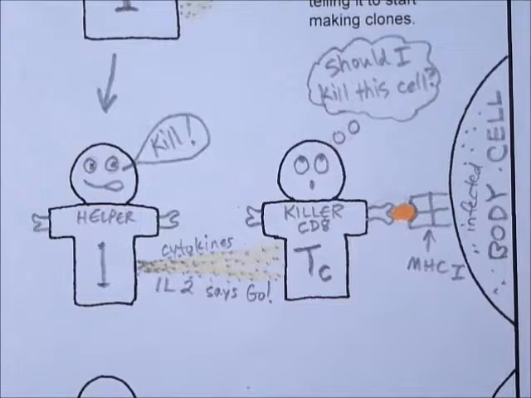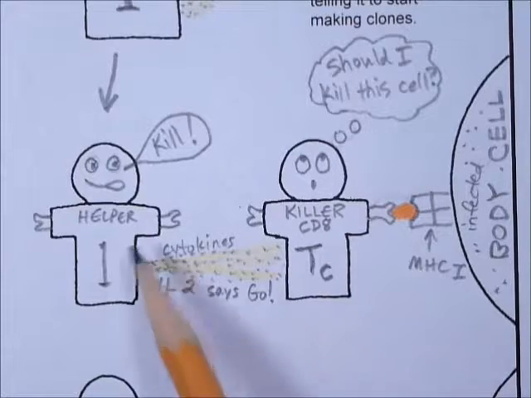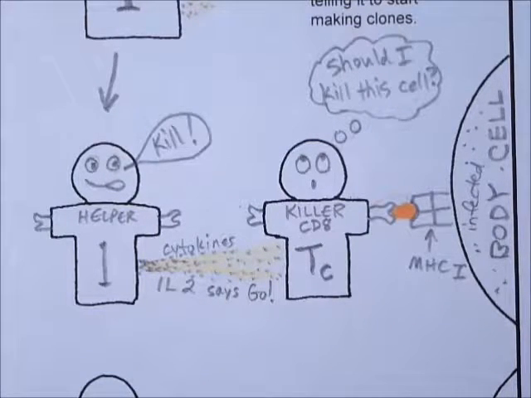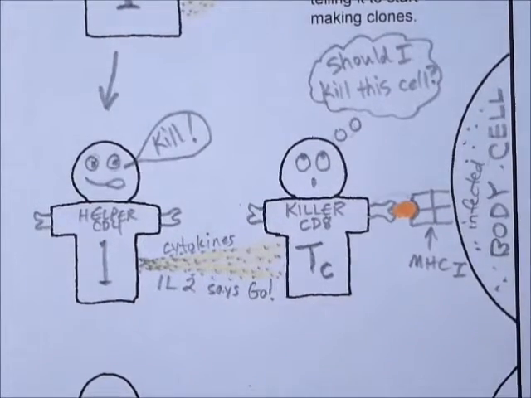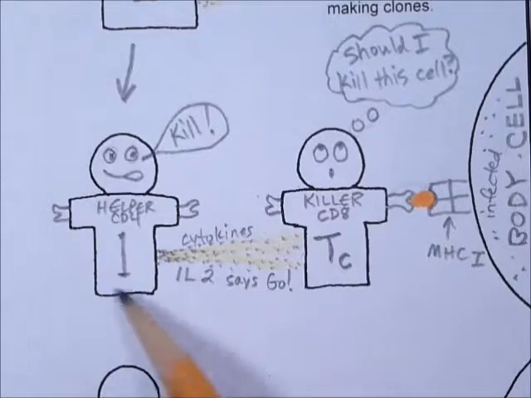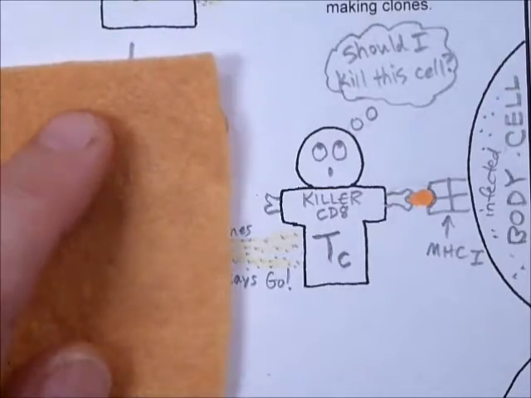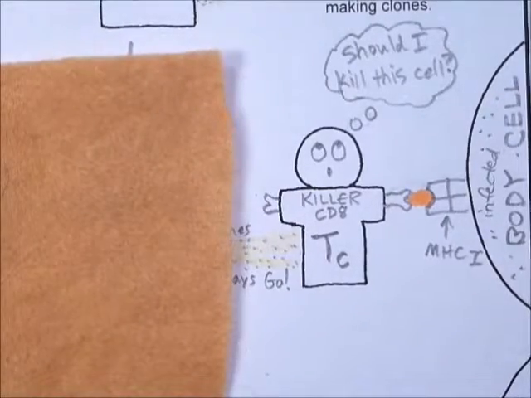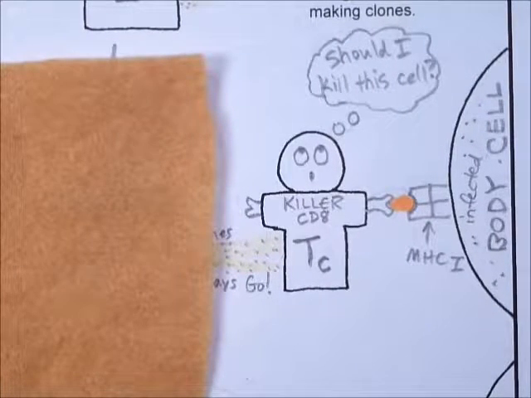Now, one interesting side note about this stage right here is that this is one of the things that goes wrong in HIV/AIDS. The AIDS virus attacks CD4s. That's the only type of body cell that the virus will attack. And so these guys get infected or killed. So if we remove him from this process, what would we have? Well, we'd have an infected body cell. Let's say you come down with the common cold, right?